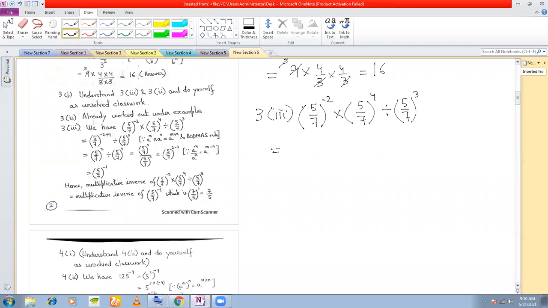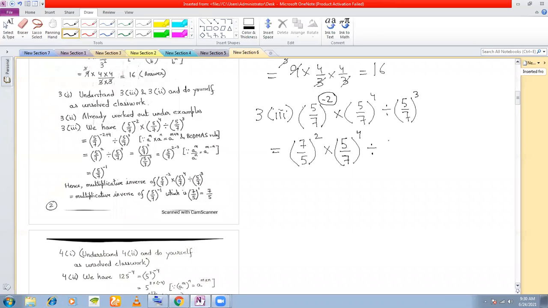Right? So now first convert the negative power to positive power. So here I have a negative power. If I convert this to a positive power, the fraction will become reciprocal. So I get 7 by 5 square into. I have a positive power here, so I write this as it is. 5 by 7 to the power of 4 divided by. Now what can I do?